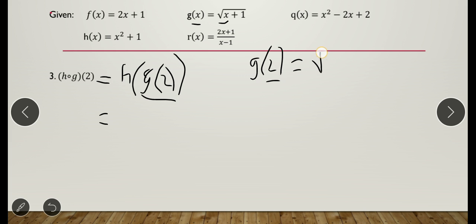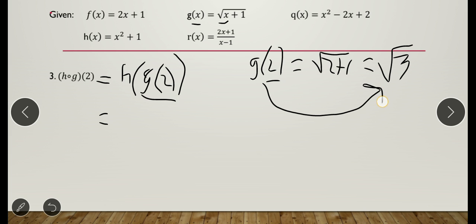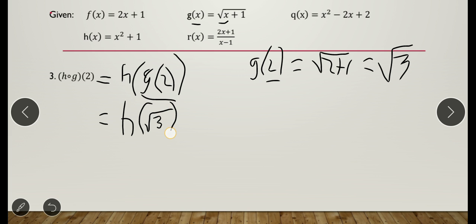So this is now square root of 2 plus 1, which is equal to the square root of 3. This is now the equivalent value of g of 2. Substitute. So we have h of the square root of 3.